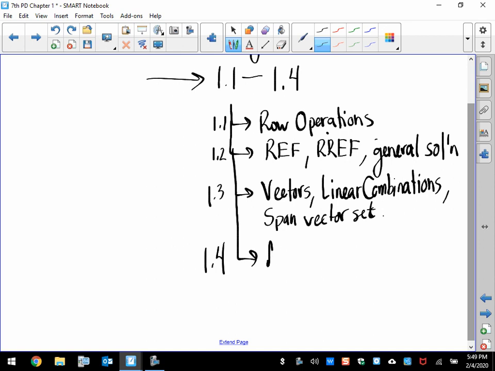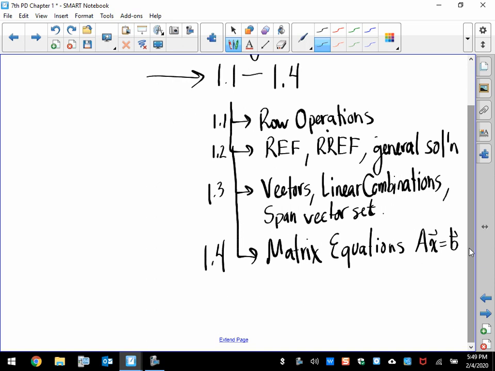And then 1.4, matrix equations. What was nice about matrix equations is we started representing systems as matrices and their solutions as vectors, which was kind of a novel idea. We introduced Ax equals b like that. We hadn't talked about homogeneous solutions. That was today in these notes. So yeah, you want to look over those.